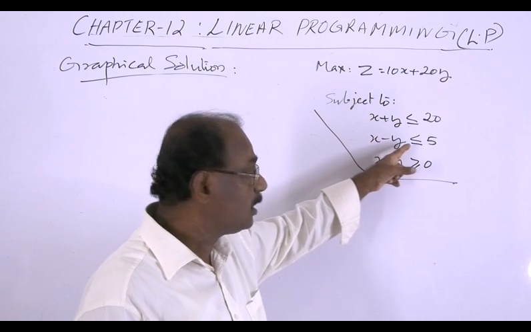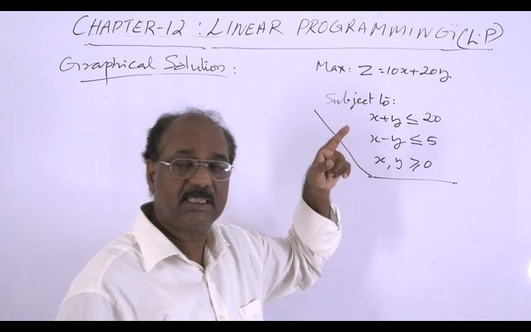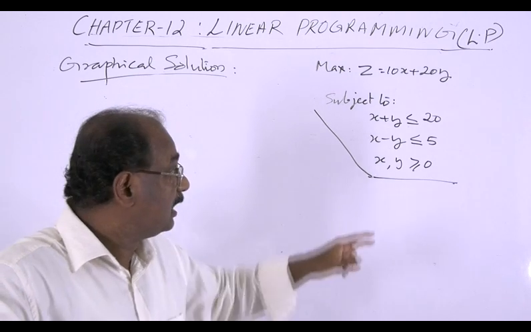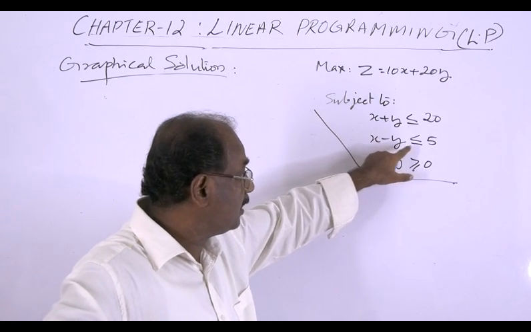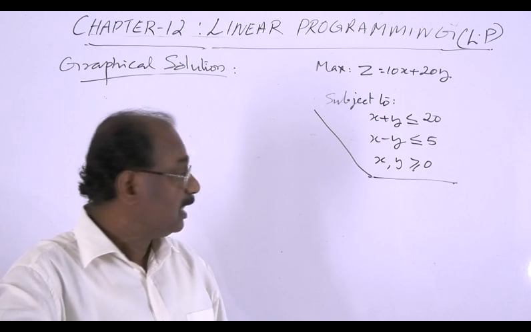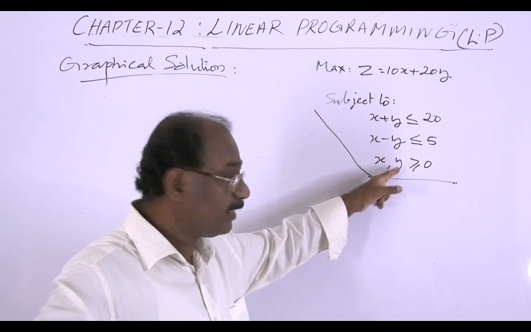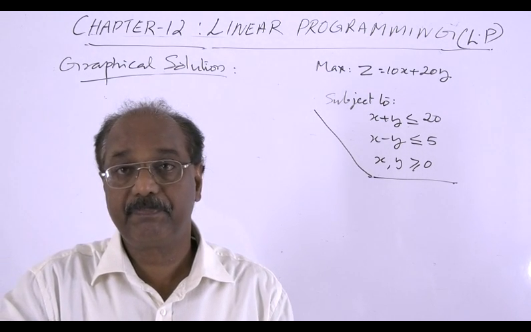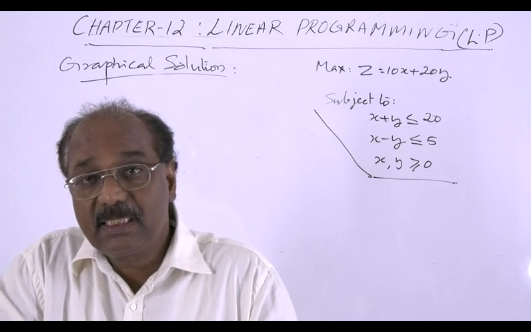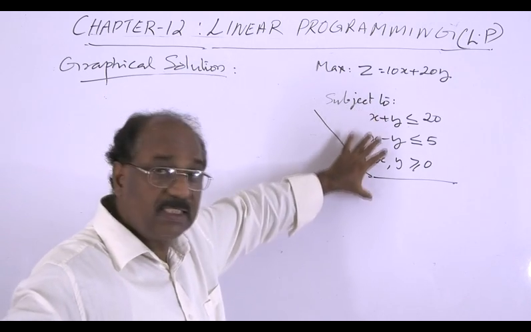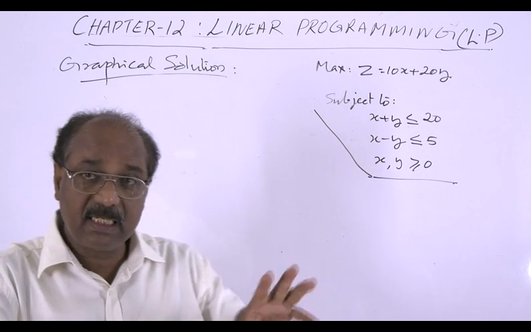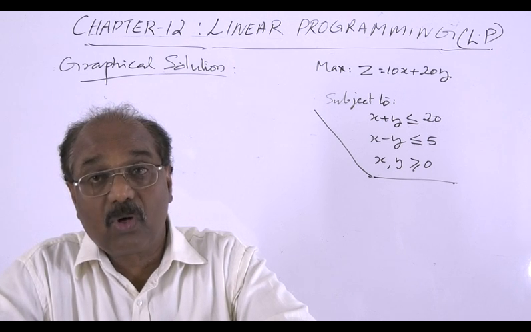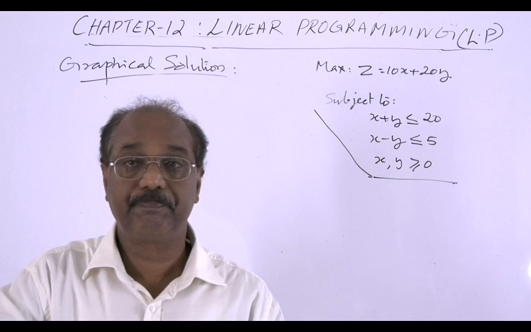Similarly, x minus y equal to 5 is the equation of a line, and that line will give us the region corresponding to x minus y less than or equal to 5. Similarly, x equal to 0, y equal to 0. So draw the four lines, and from these four lines identify the regions, and then we can have the common region for all the constraints.